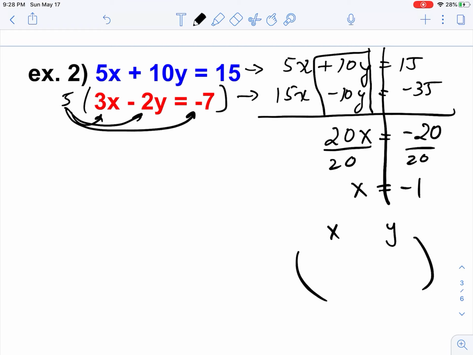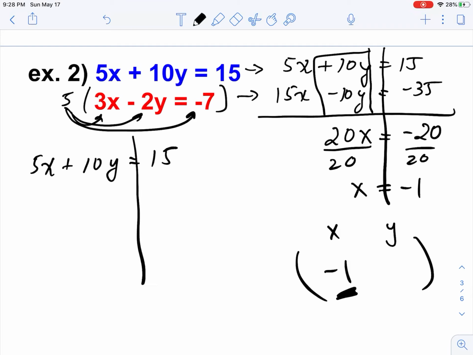So remember, you're not done yet. You found the first coordinate. You've got to go back and find the second. So I like that top equation best, the 5x plus 10y equals 15. I'm going to put negative 1 in as my value for x. So I have 5 times negative 1, plus 10y equals 15.